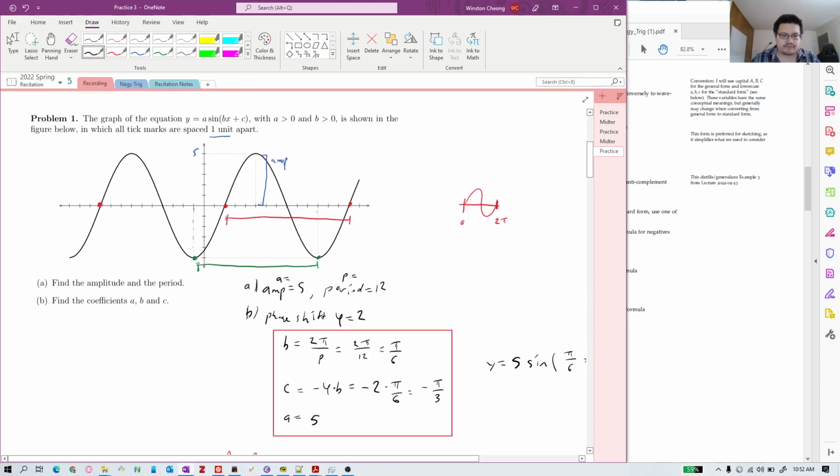Amplitude you can just read off. That's the height from the center line of the sine curve to the extremities, so the peak or the trough. Either of them can go, and we're told that the tick marks are spaced 1 unit apart, so this amplitude is actually 5.